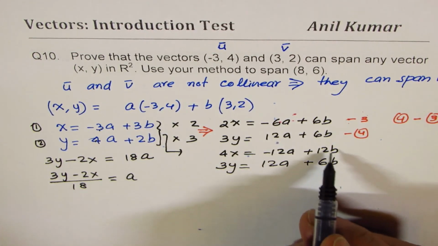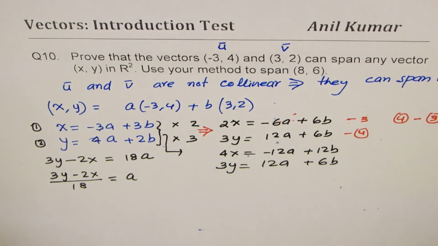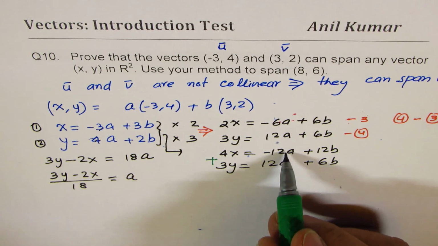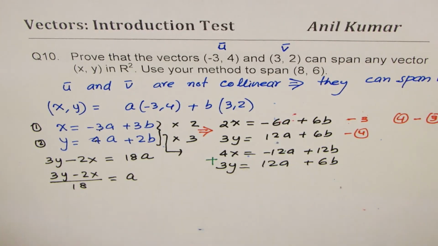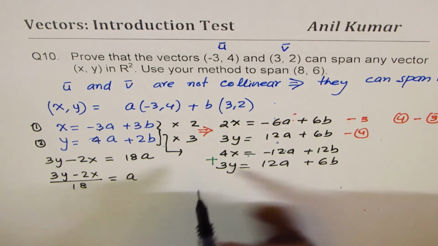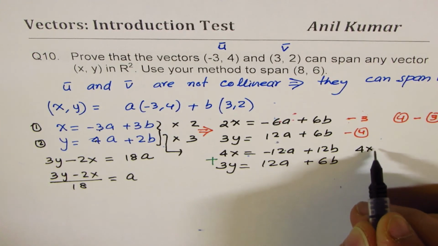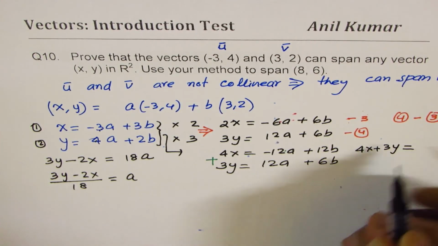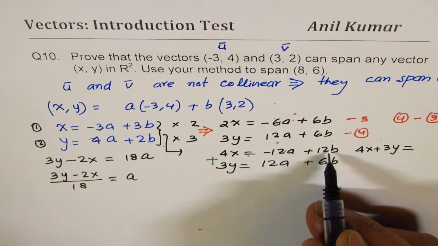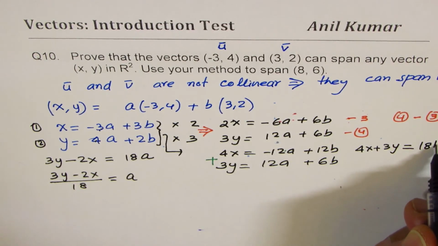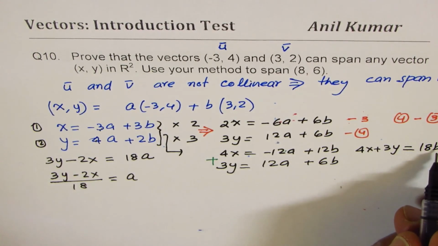And if I add these two, correct? Then these a terms will cancel, and what we get here is 4x plus 3y equals 18b. So what is b equal to?